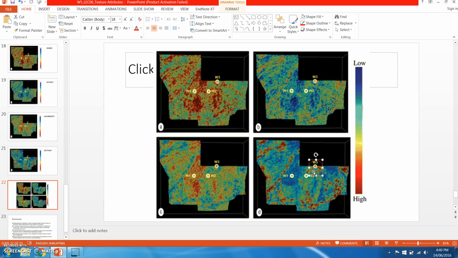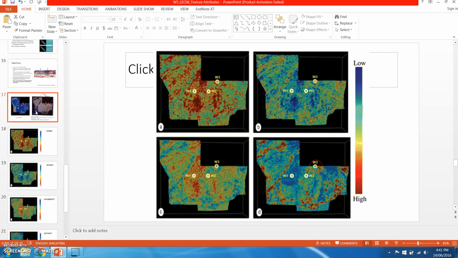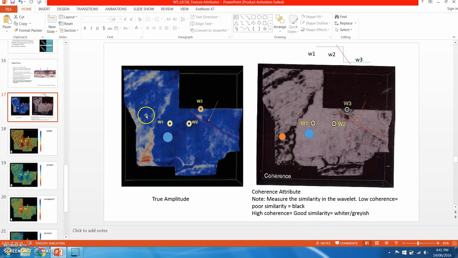So as we know, discontinuity in the seismic wavelet is always related to faulting or fractures. To double confirm this, we can go back to our true amplitude and coherence attribute slice. We can see that this area, the one that I'm drawing red lines here and yellow-orange arrows, is showing some lineaments.